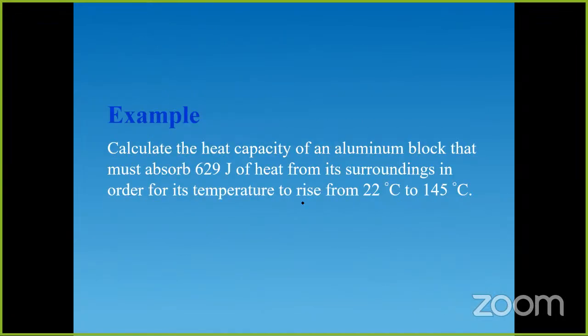So just to give a quick example here, the question is asking, calculate the heat capacity. Basically, they're asking for the specific heat. Oh, no. They're asking for the heat capacity, I'm sorry, which is uppercase C, of an aluminum block. It gives the heat, which is Q, and it gives you the initial and final temperature, right? So C is going to be equal to Q divided by delta T. Now again, you have to pay attention to how it's worded.